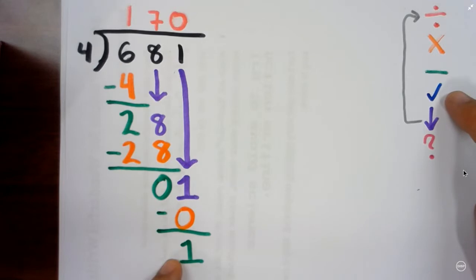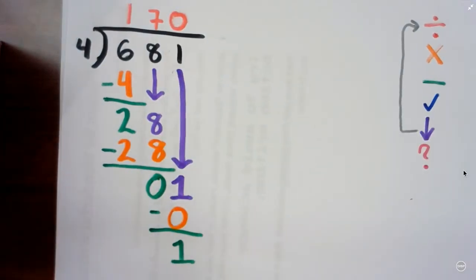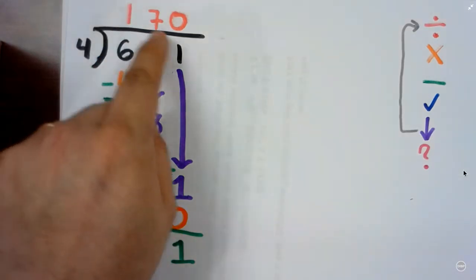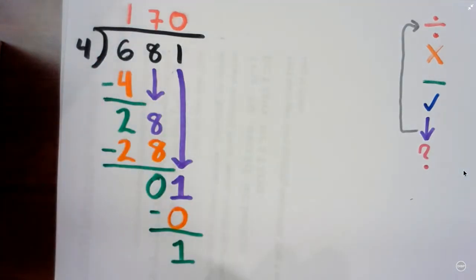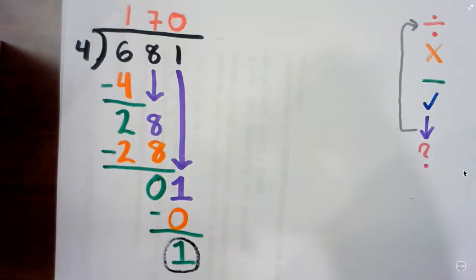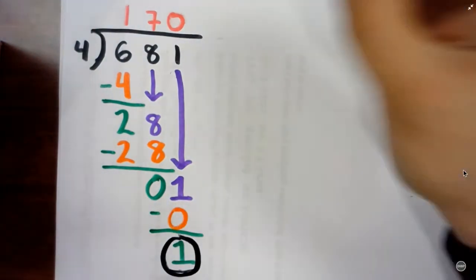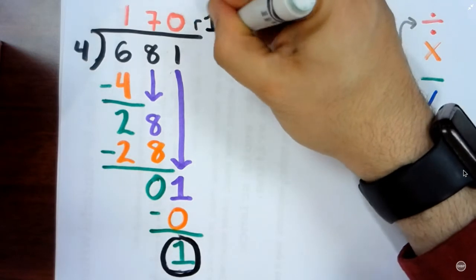I'm checking now. Nope. Is there anything else for me to bring down? No. So that tells me that my answer is 170, but let's not forget that I still have my 1 here. Let's get a pen that works. I've still got that 1 left over, so it's 170 with the remainder of 1.